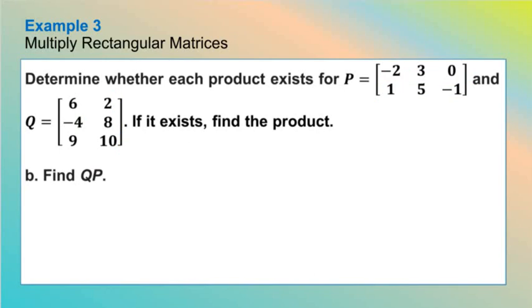Next one, determine whether the product exists for P matrix and Q matrix, and we're doing Q times P. So Q is a 3 by 2, and P is a 2 by 3. So our answer is going to be a 3 by 3.